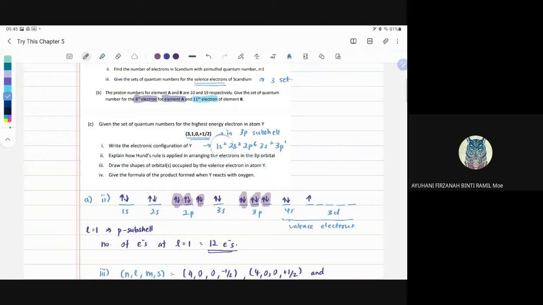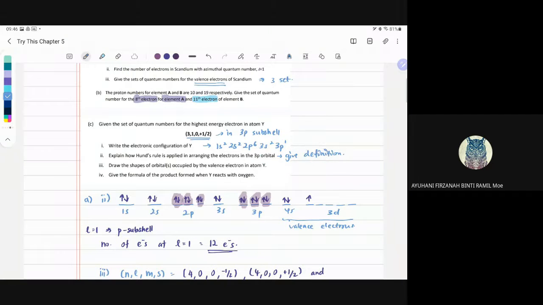This is the electronic configuration untuk atom Y. Kemudian explain how Hund's rule is applied in arranging electrons in the 3p orbital. Okay. So dalam 3p orbital ni Hund's rule cakap kita akan maximize, inilah basically just bagi tahu definition je ni. This one just bagi tahu definition. Give definition.